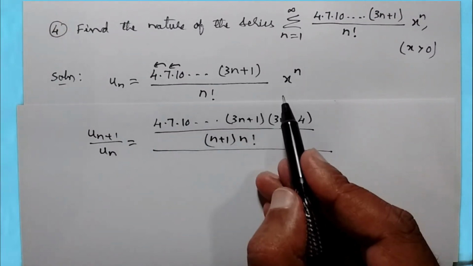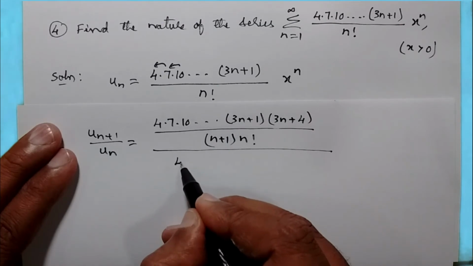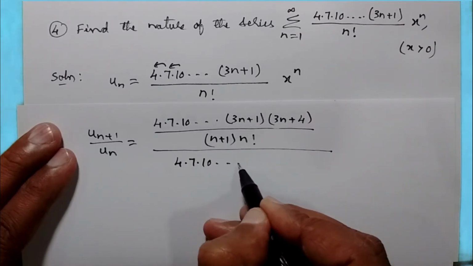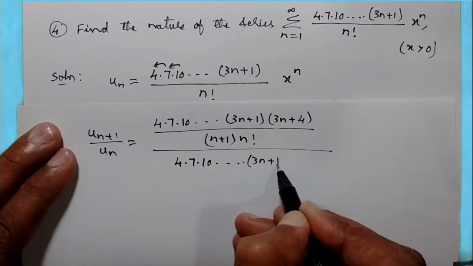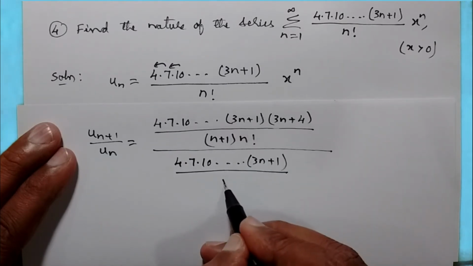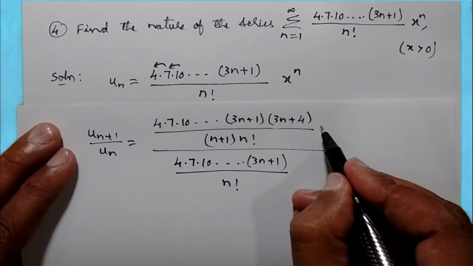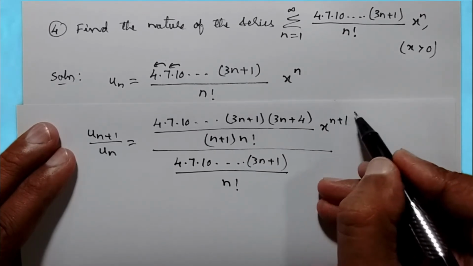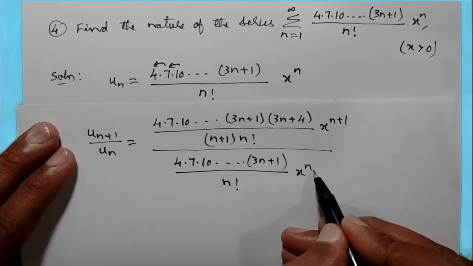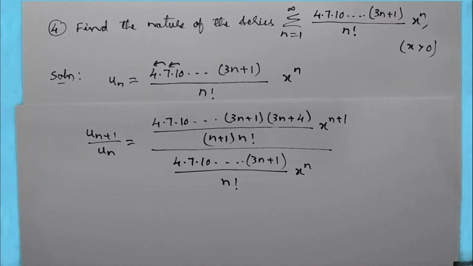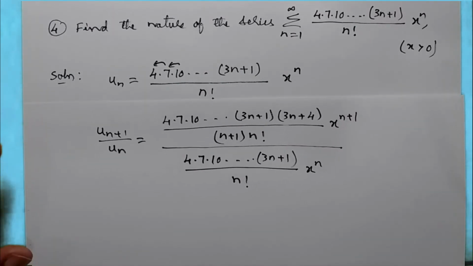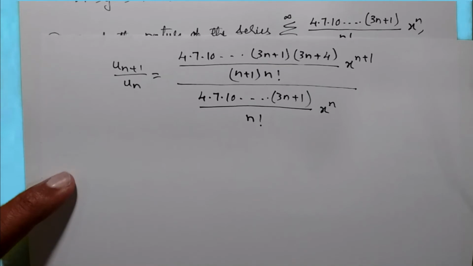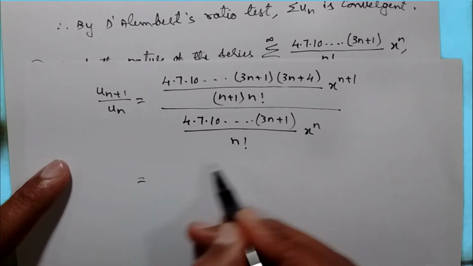u(n) value is this value that you have. So u(n) value is 4 into 7 into 10 into so on, 3n plus 1 whole divided by n factorial. In this case also you are having x power of n plus 1, and in this case it is x power of n. So you got u(n plus 1) and u(n) value. So we'll try to simplify this expression. We take the reciprocal from the denominator.